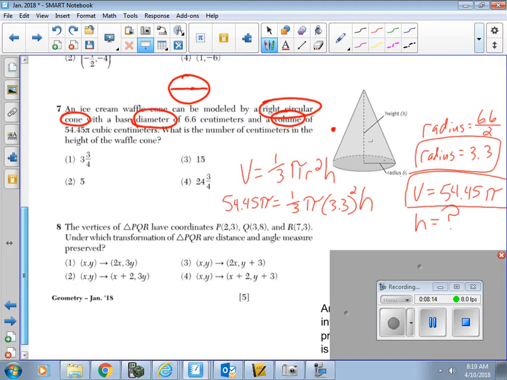So it's pretty simple. All you have to do is take this, divide this by 1/3 pi 3.3 squared, right? Then you do the other side by 1/3 pi times 3.3 squared. And what we're going to have here is all this is going to cancel out because it's being divided by itself.